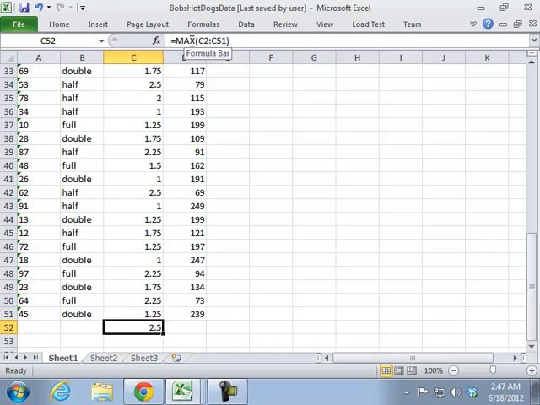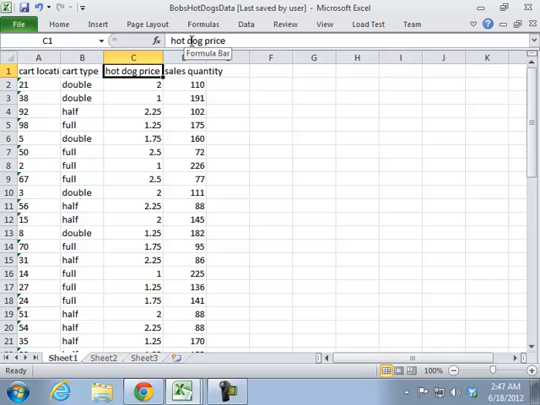That's my little shortcut. Now, as far as the regression is concerned, part of the reason why Bob wants to know what other people are charging is because he wants to know how price affects quantity.